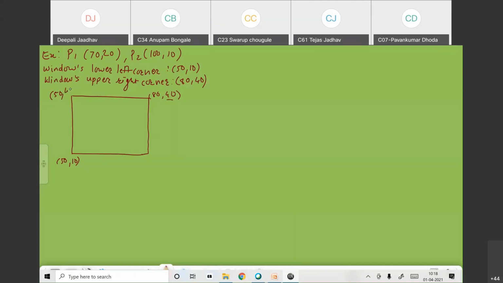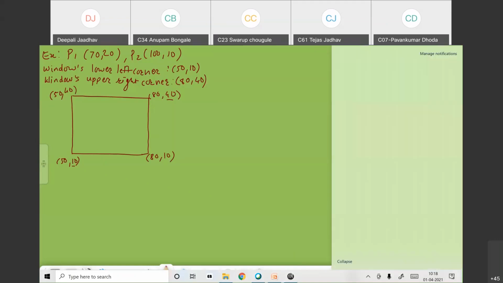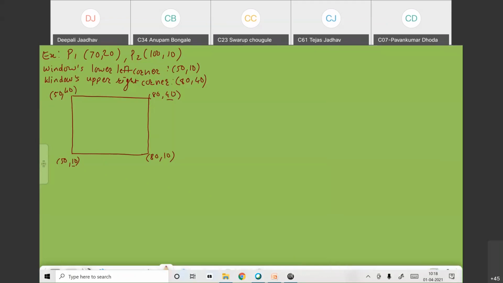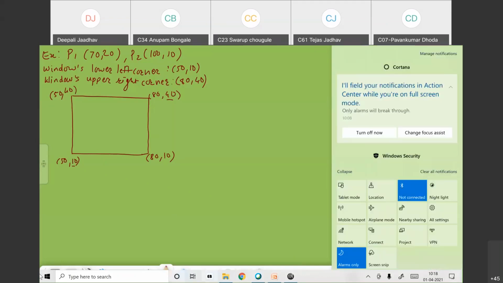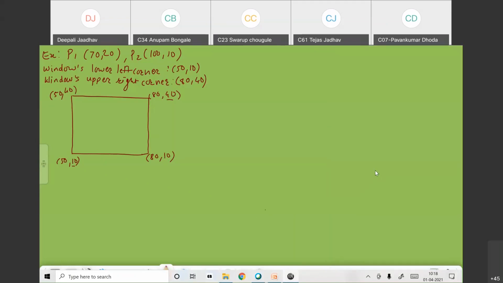So it is 50, 40. And the lower right corner, the right is 80, and the bottom is 10. So that is our window. It is not necessary to give all the points. If you have given any 2 diagonal points, you can draw the remaining window.